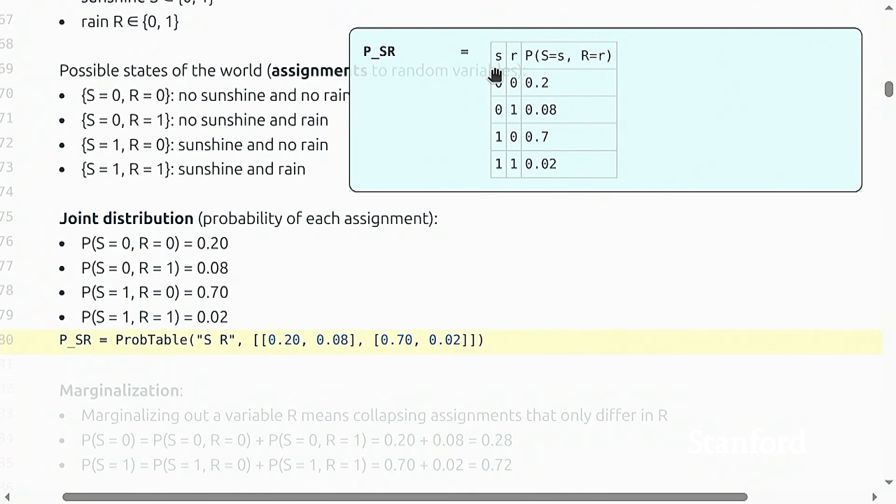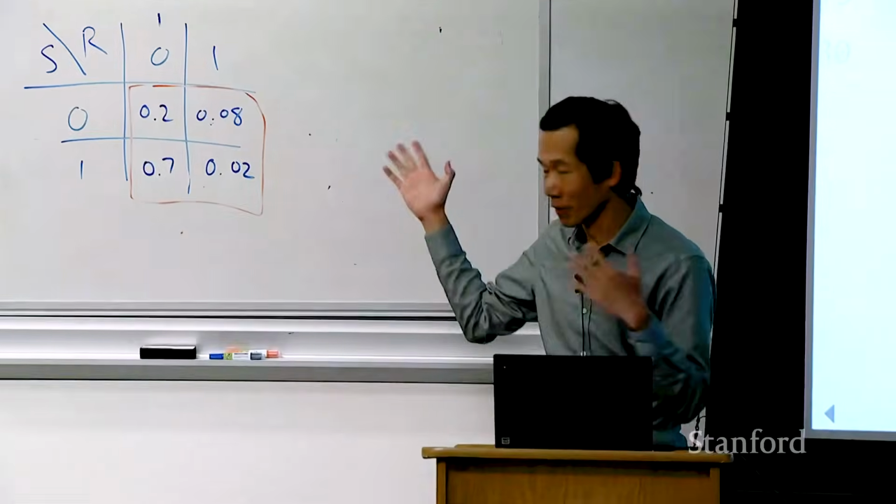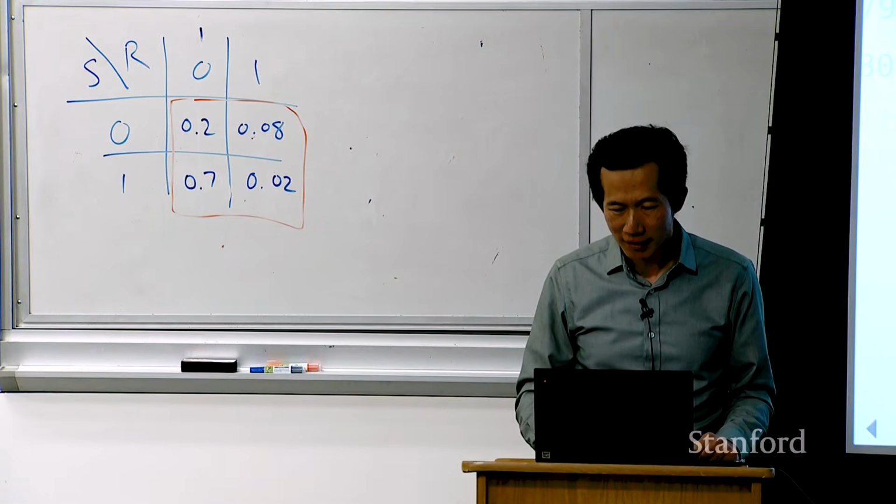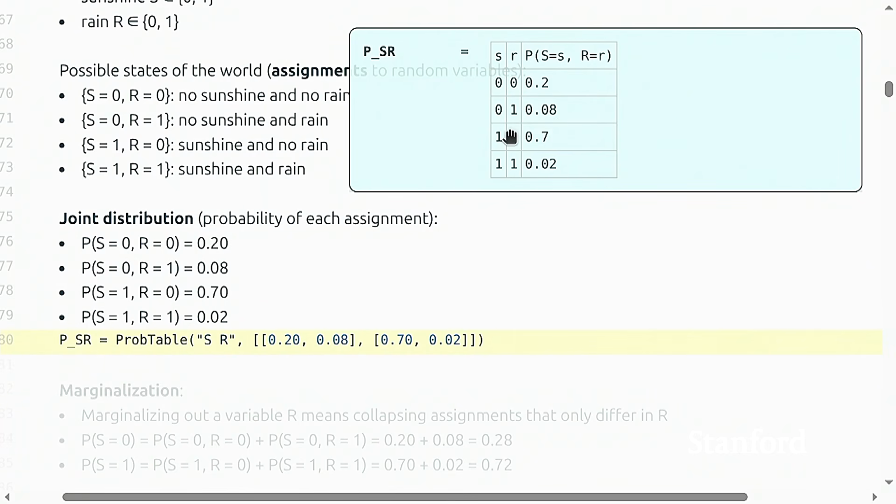In this blue, I've rolled this out into a matrix, because once we have 4 variables, it's going to be really hard to draw 4-dimensional tensors. This is an equivalent representation where for every variable assignment, I have a probability.